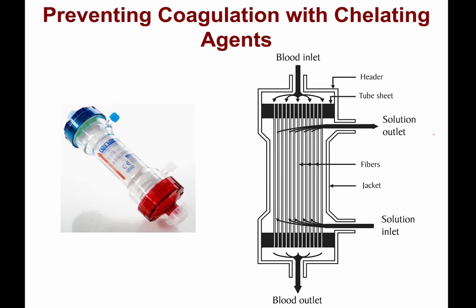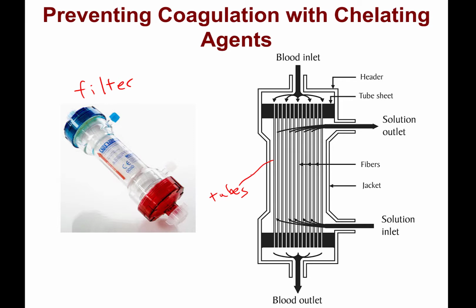Here I've got more of a cross-section of what the tubing looks like. This is a picture of your filter on the left, and on the right is the cross-section. You see in this cross-section all these tubes that are semi-permeable. That's your semi-permeable membrane.